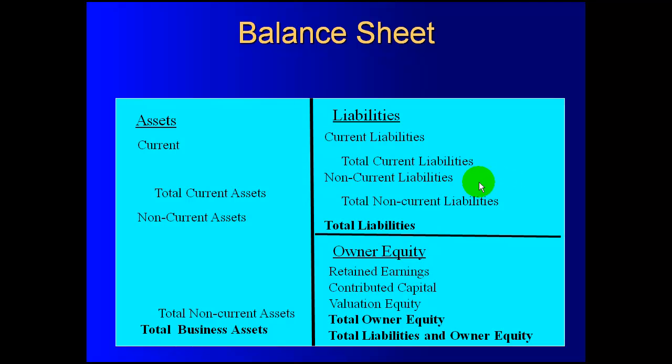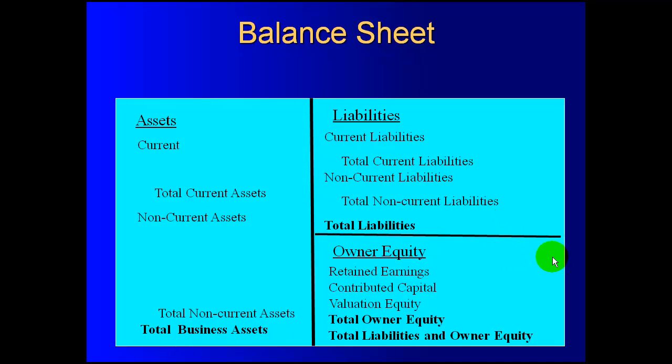Non-current liabilities are obligations that you owe to somebody, but they're going to become due after the next 12 months. And so your mortgages, long-term debt, the principal payments that are due in later years would be here. Your total liabilities are your total current liabilities plus non-current.